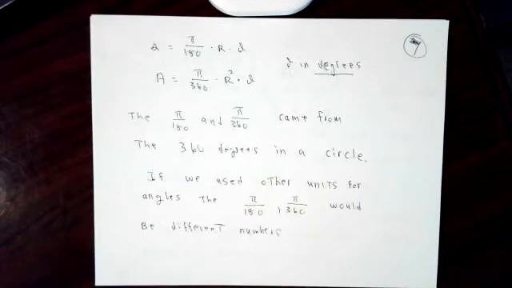Basically, that comes from the fact that the usual angle units we use are degrees, and there are 360 degrees in a circle. If we were to use some other units, then the pi over 180 and the pi over 360 would still be constants, but they would be other numbers.